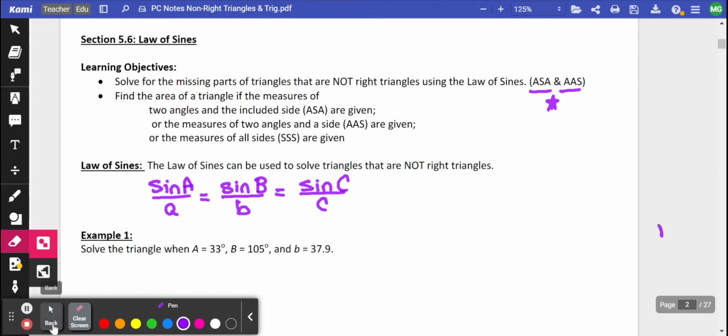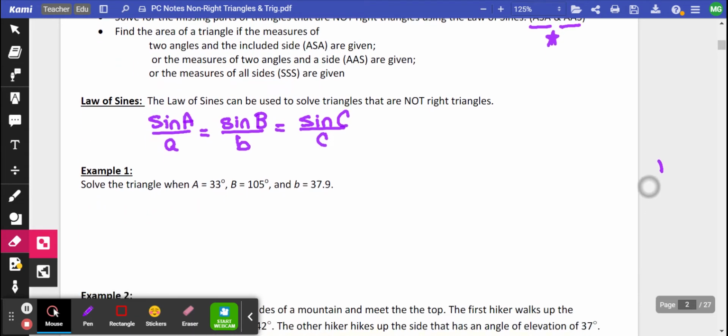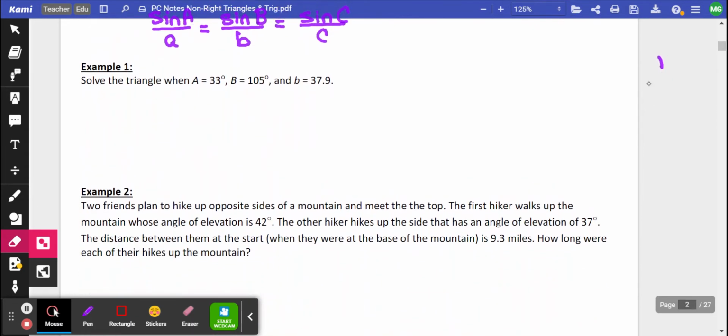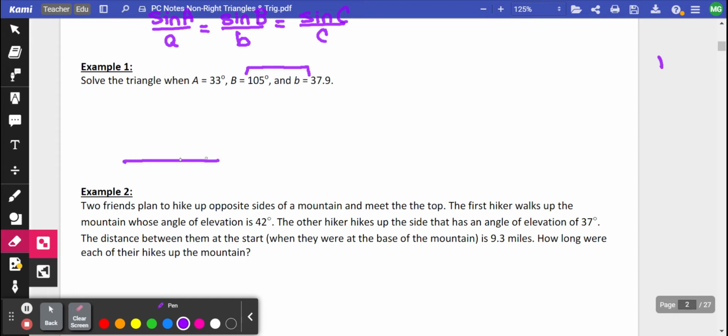So, let's take a look at our first example. The example says that we have a triangle where we have angle, angle, and a side. And what you'll notice is this side is opposite this angle. That's really an easy check to figure out when you can use this. So let's go ahead and sketch a diagram of this triangle.